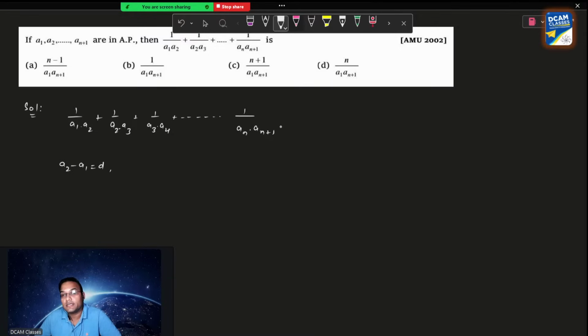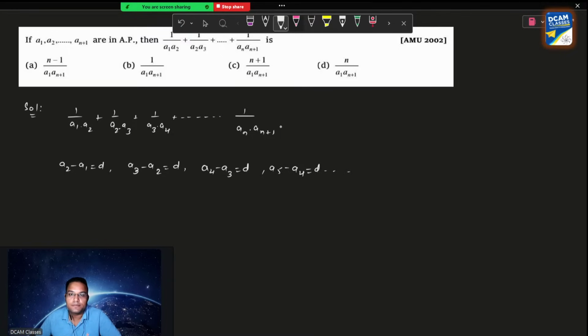See how interesting this becomes and how easy it is to solve. Now a3 minus a2 will also be equal to d, a4 minus a3 will also be equal to d, a5 minus a4 will also be equal to d. Everything will be equal to d, the difference of consecutive terms.